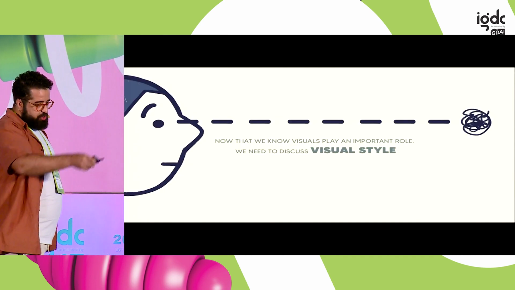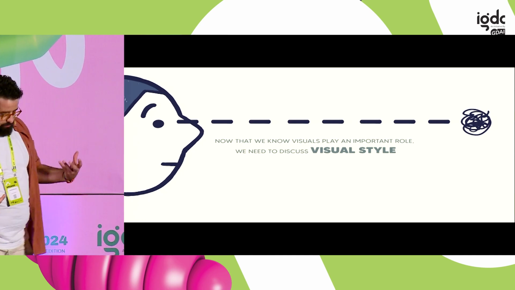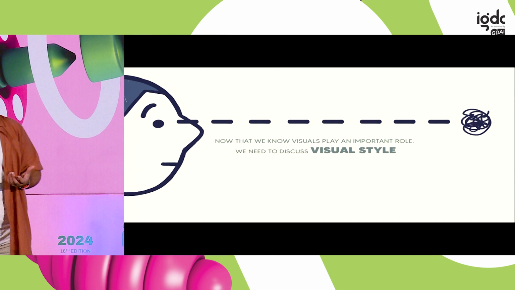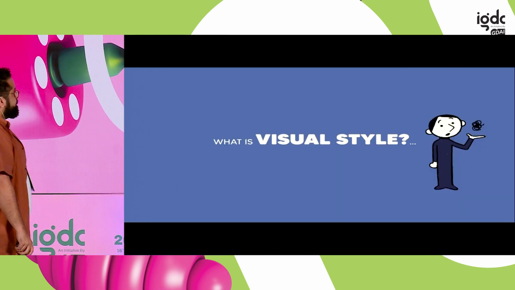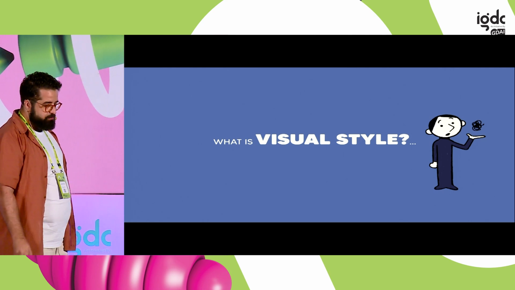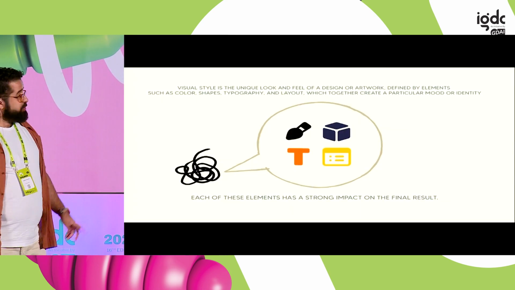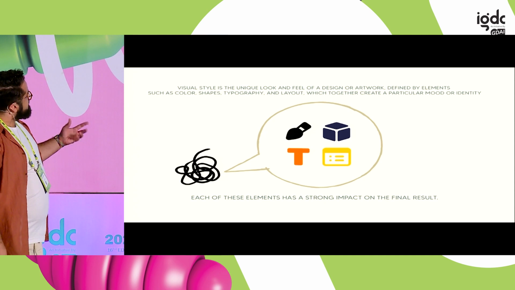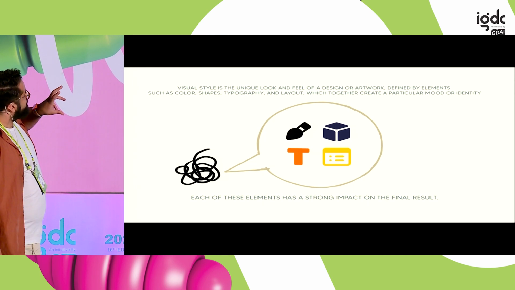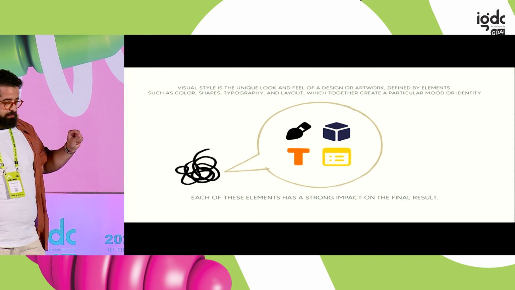Now that we know visuals play an important role, we need to discuss what visual style is, right? So, what is visual style? Visual style is a group of elements that are equally important.